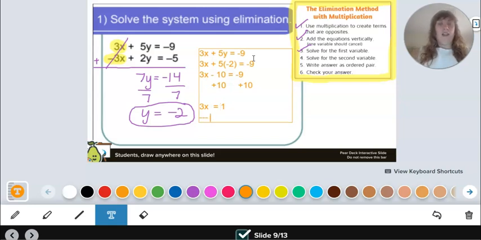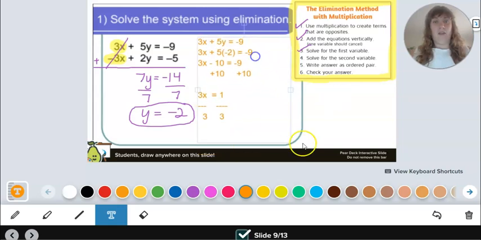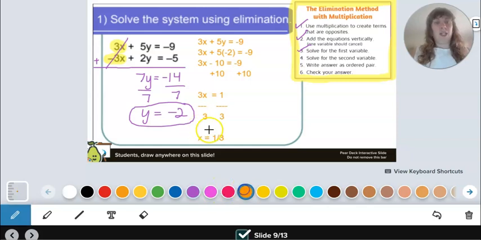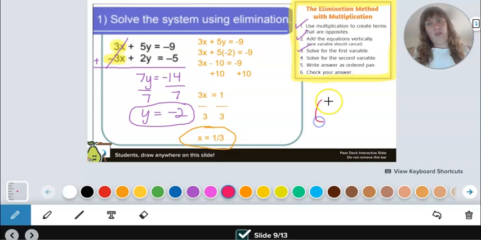And then divide both sides by 3, and we end up with our final answer of x equals 1/3. So we have this coordinate, which is at 1/3, comma, negative 2. And that's our final answer.